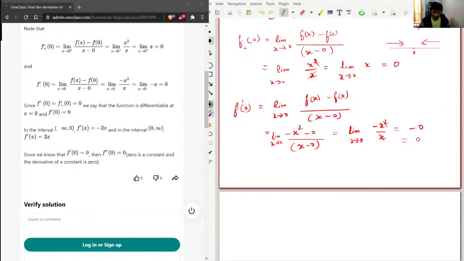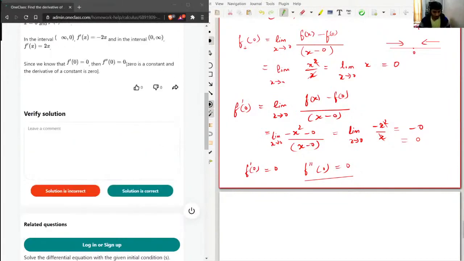Since we know that f prime of 0 is 0, f double prime of 0 will also be 0. If we again differentiate, 0 is a constant, and the derivative of a constant is 0, so this will be again 0.